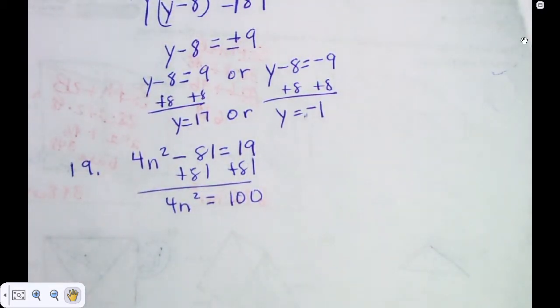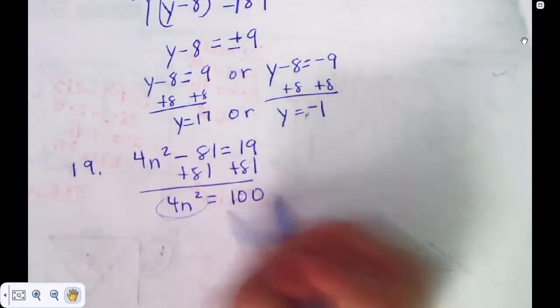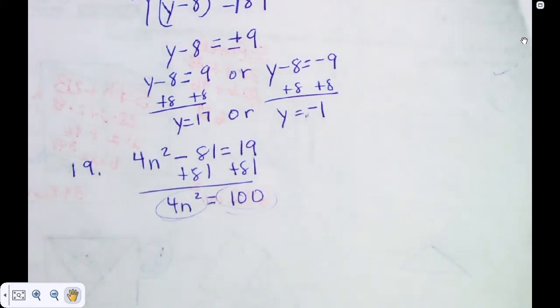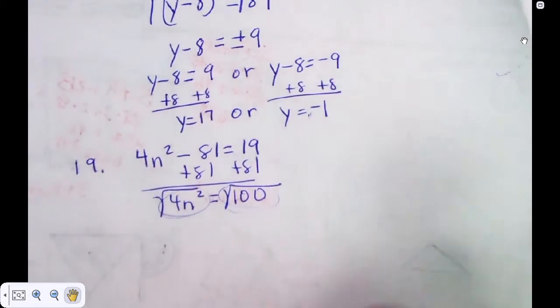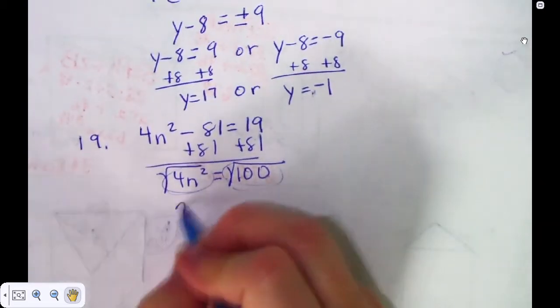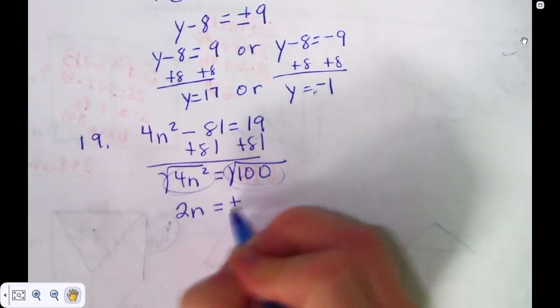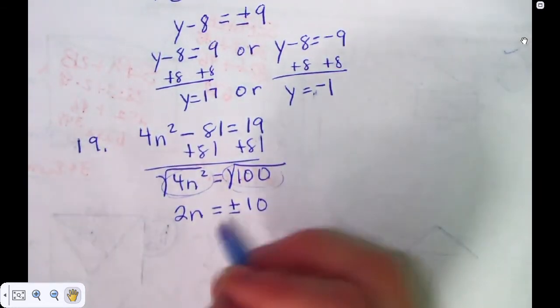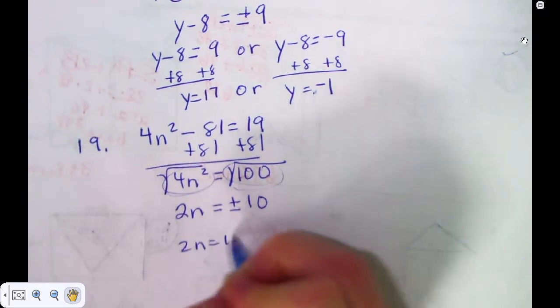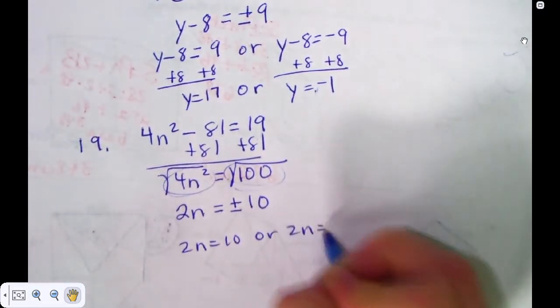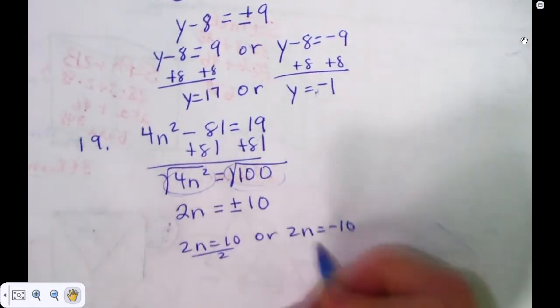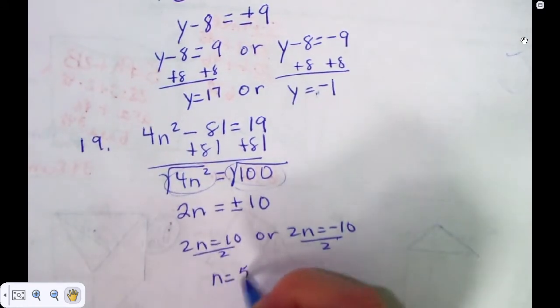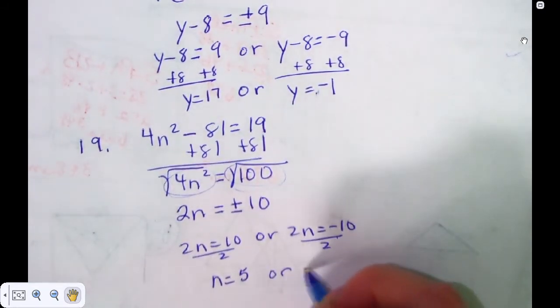True? Then I've got perfect squares on both sides. So I'm going to take the square root. 2n equals plus or minus 10. So 2n equals 10 or 2n equals -10. So n's going to be 5 or -5.